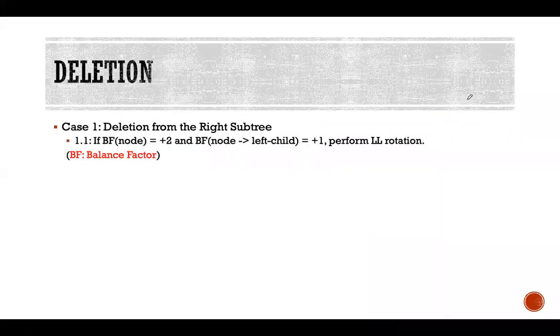All right, let's see a couple of cases that can happen in an AVL tree with deletion. Now let's see the first case, where we are going to delete from the right subtree. So we have a tree that looks like this, almost balanced.